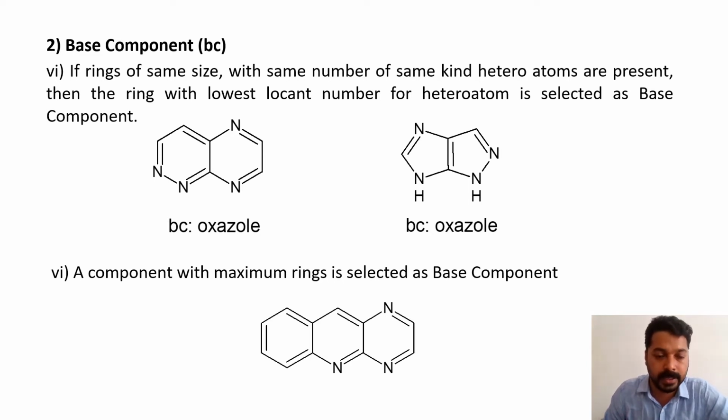Here you can see that it is 1,2. Sorry, the names are being changed. You can see two compounds, pyridazine and pyrazine. The base compound is pyridazine, because the nitrogen positions are 1,2, whereas in pyrazine they are 1,4.